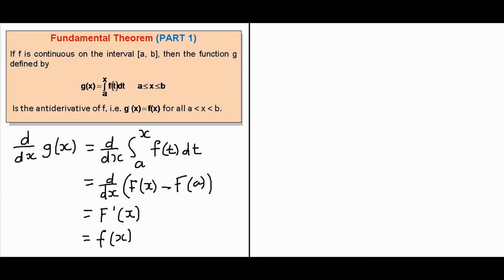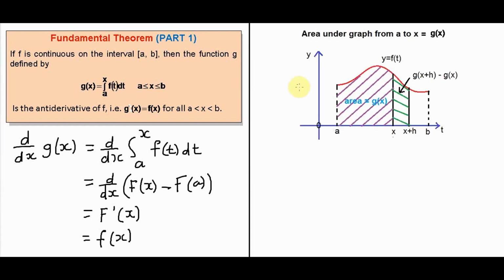Now, in order to get an idea of what the proof of the fundamental theorem will be about, let's look at the following illustration. Here we have the graph of y equals f of t. We let the area from a to x under the graph of f of t equal to g of x.